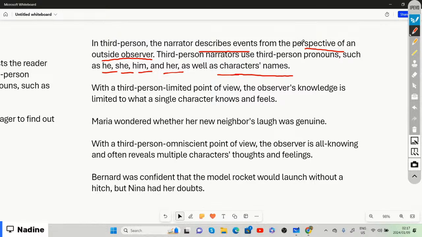And with a third person limited point of view, meaning you don't have that much knowledge, right? The observer's knowledge is limited to what a single character knows and feels. Because generally, any outside person is not going to know everything, right? They're only going to know limited things.